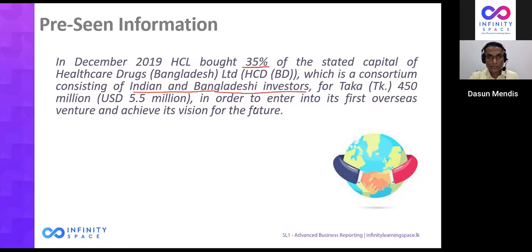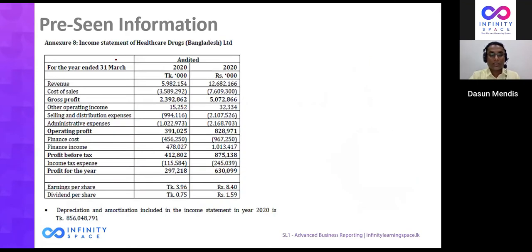Now, with that, there can be a question. Also the acquisition date is important, December 2019. The HCL year end is 31st of March 2020, which means this was acquired four months before. Then you have been given the financial statements of this Bangladeshi company, Healthcare Drugs.